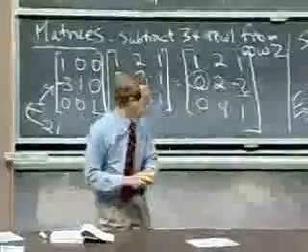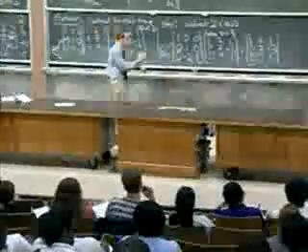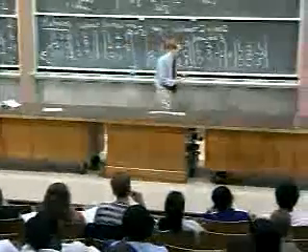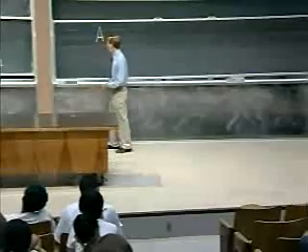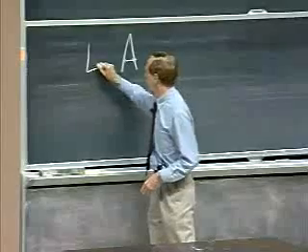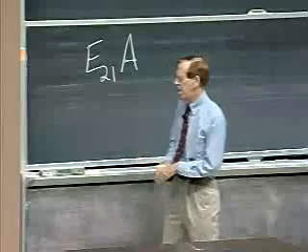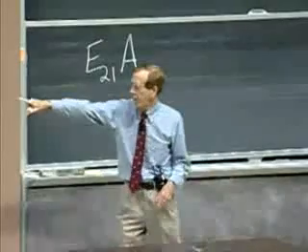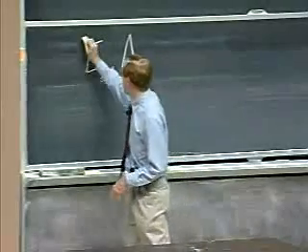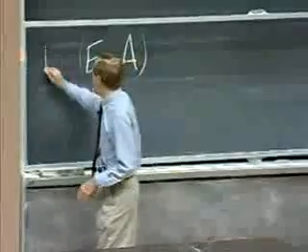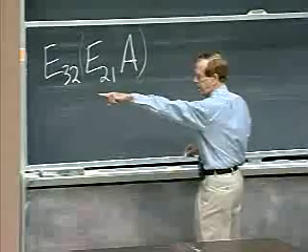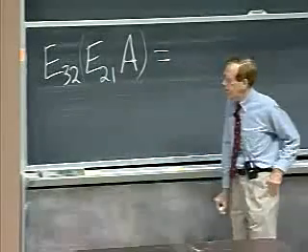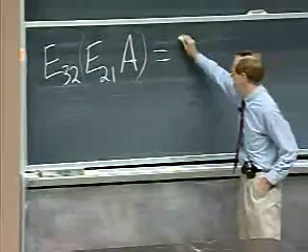So now I'm going to express everything we did today so far on A. We started with A, and multiplied it by E21. That was the first step. And then we multiplied that result by E32. And that led us to this thing. And what was that matrix? U.